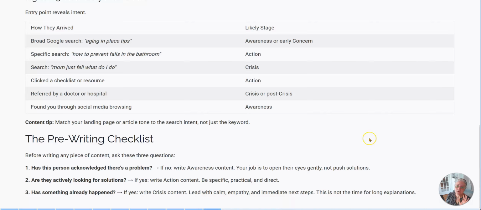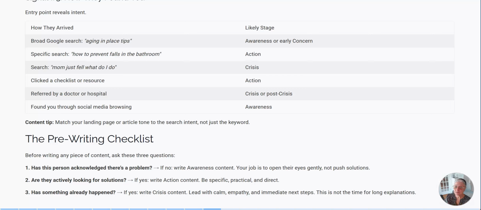All right. So before writing any piece of content, you want to ask yourself these questions. Has the person acknowledged that there's a problem? If no, then write awareness content. Your job is to educate them and just plant the seed about an issue. Are they actively looking for solutions?